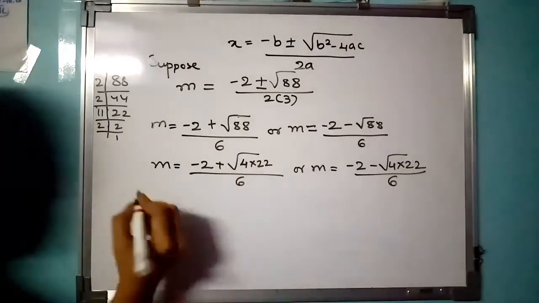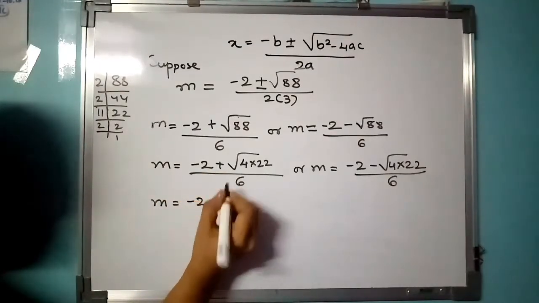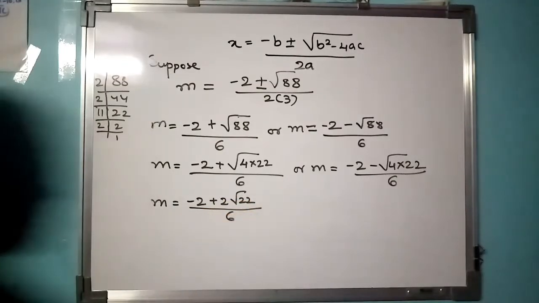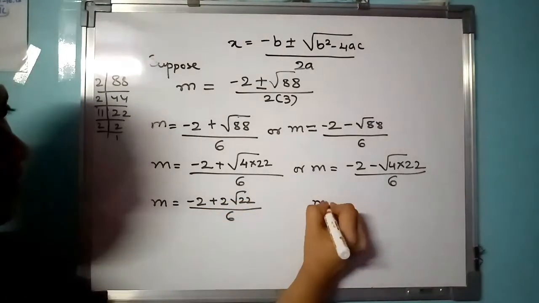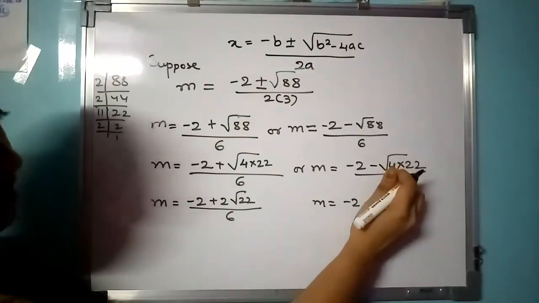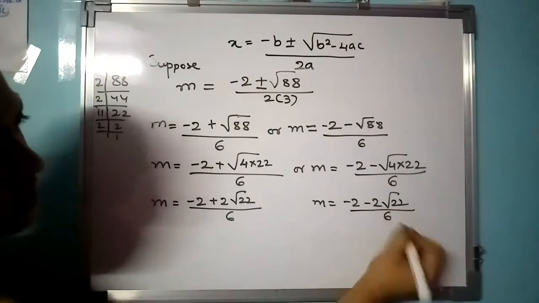Just a difference of sign between. Okay. Now minus 2 as it is, root 4 means 2 and under root 22 upon 6, or minus 2 minus 2 outside under root 22 as it is.